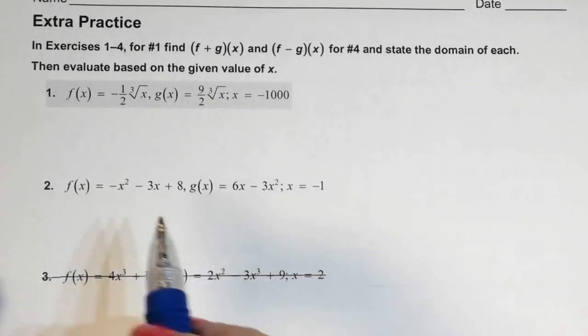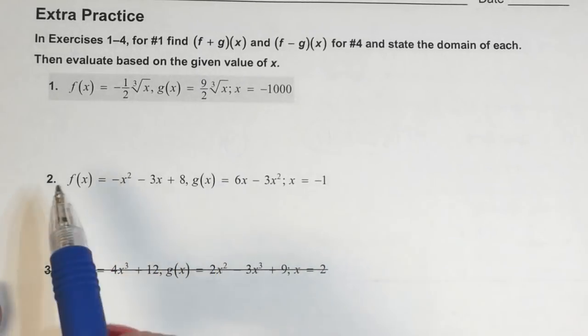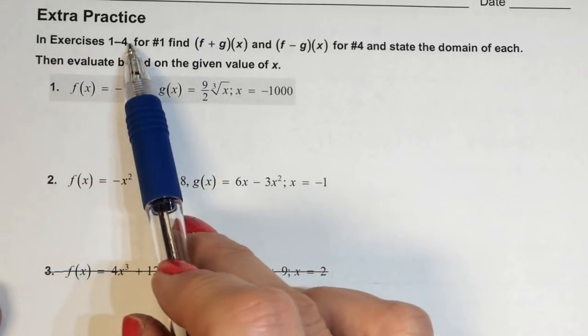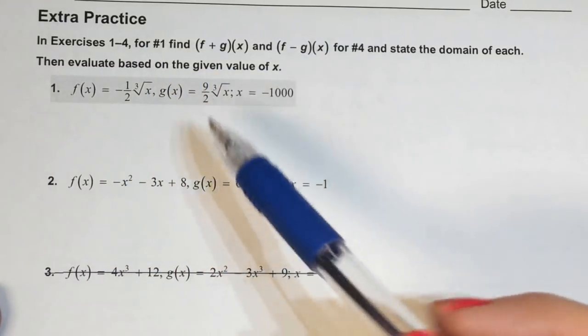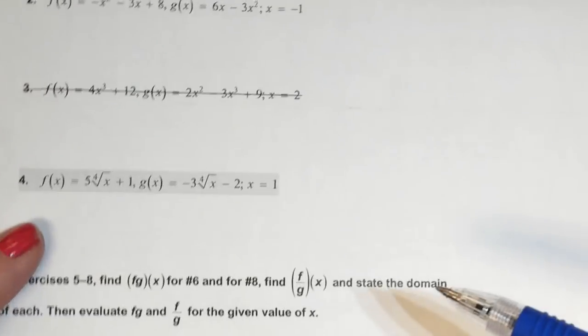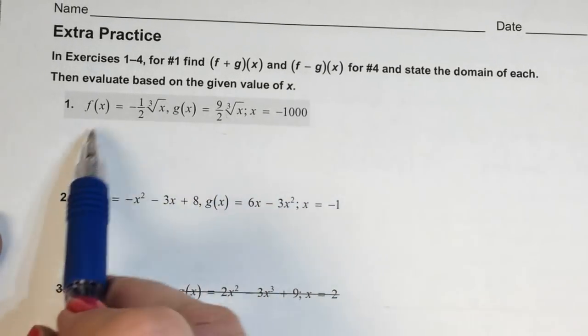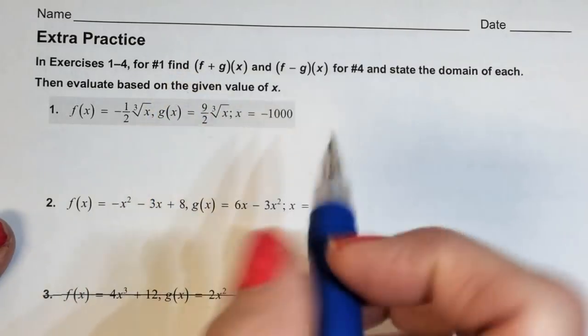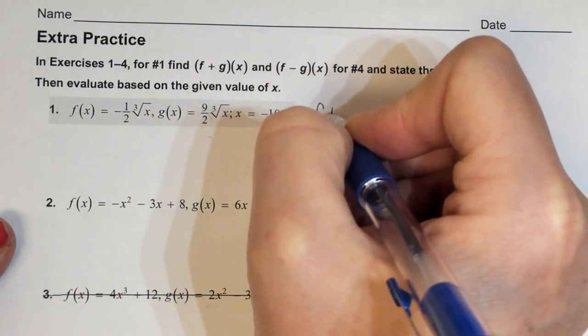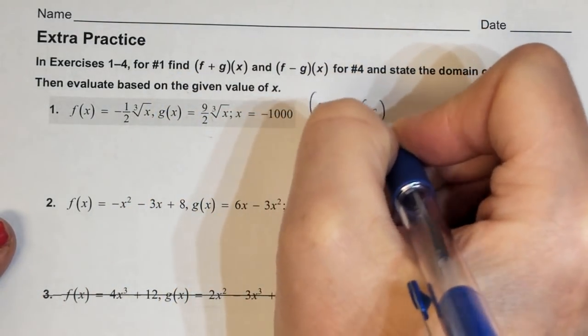Let's flip over on the back. So on the back it says in exercises 1 through 4, we're supposed to find f plus g and f minus g for all of these. We're not doing all of these. We're going to skip quite a few. We are going to do number 1 though. On number 1, we are going to find f plus g of x.